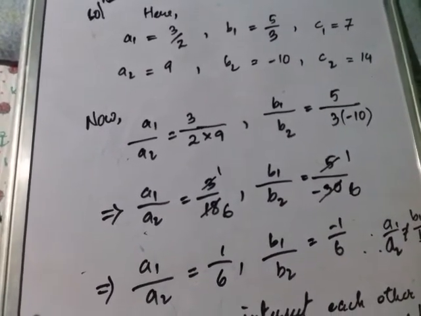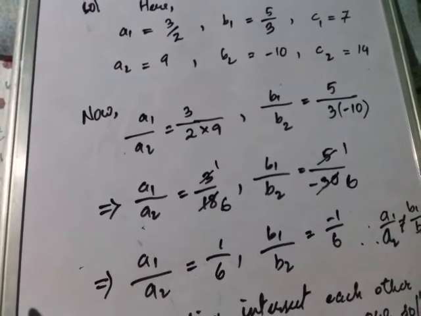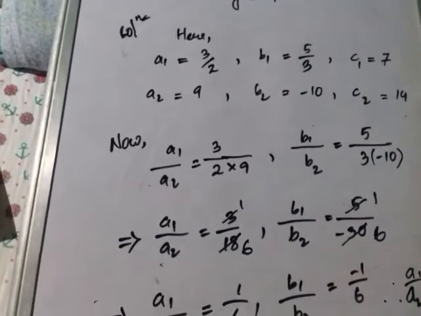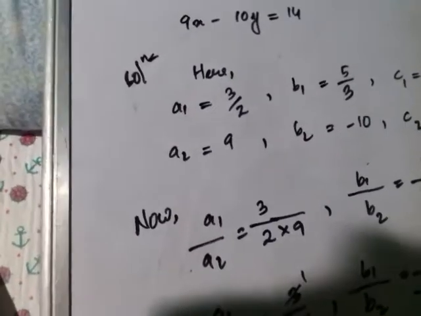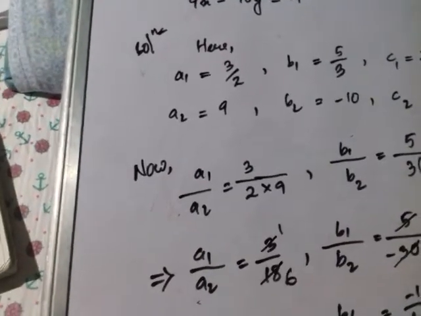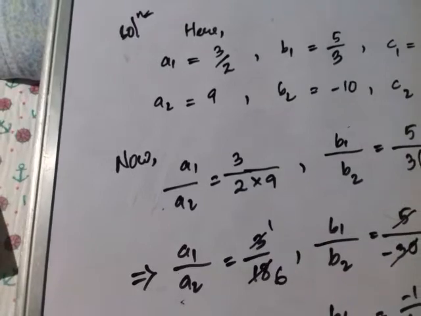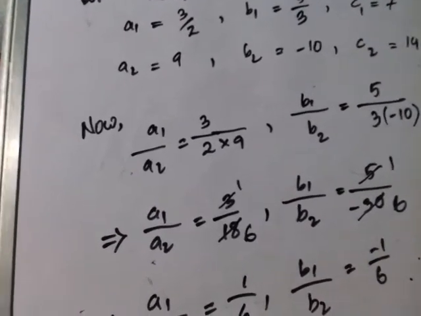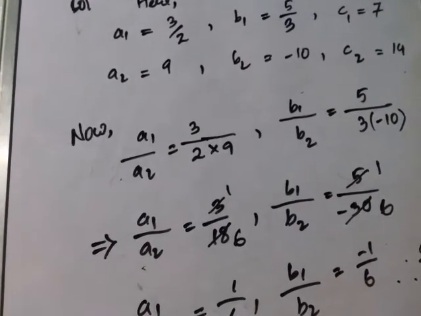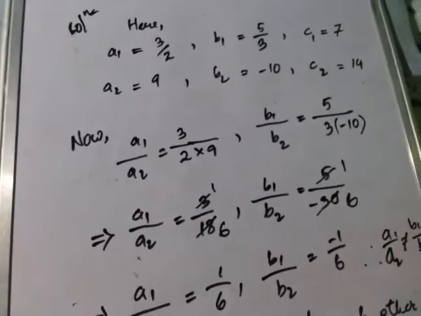Therefore you will write a1 by a2 equals b1 by b2 equals c1 by c2, and since the lines coincide each other and have infinitely many solutions, therefore the pair of equations is dependent or consistent. So you will write it like that.